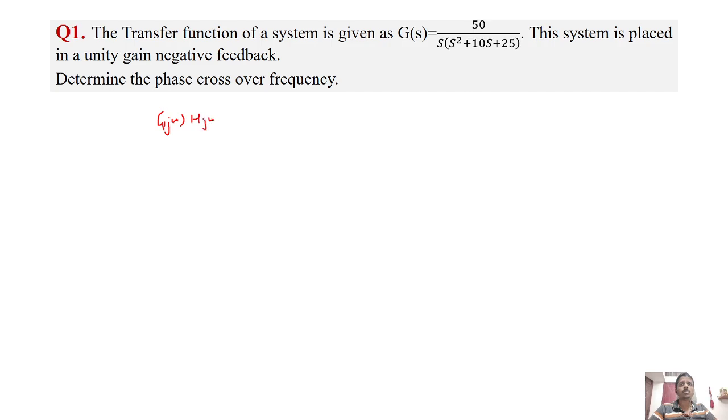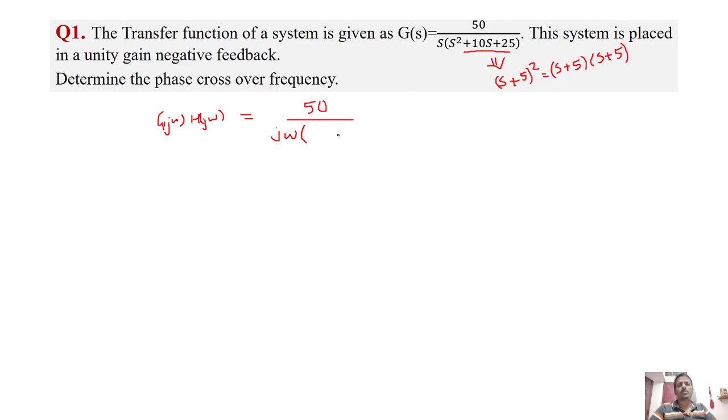G of j omega into H of j omega, with H of j omega equal to 1, we can write as 50 by j omega into s square plus 10s plus 25. So it is s plus 5 whole square, which is s plus 5 into s plus 5.